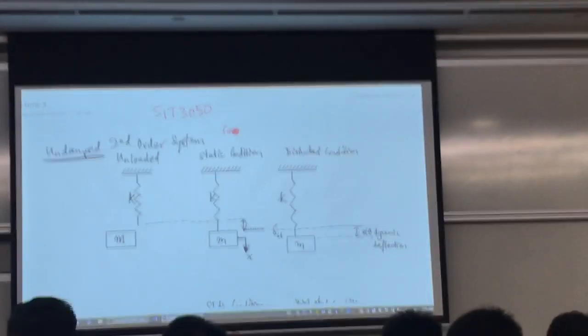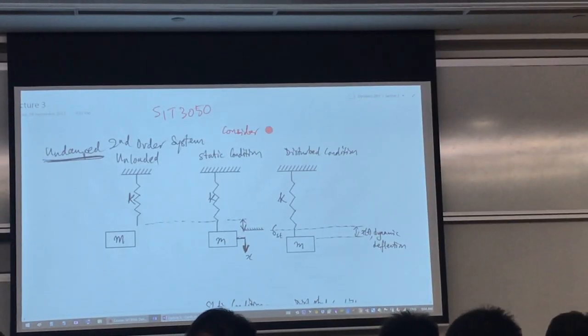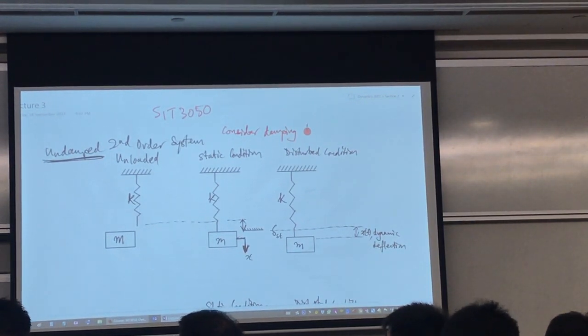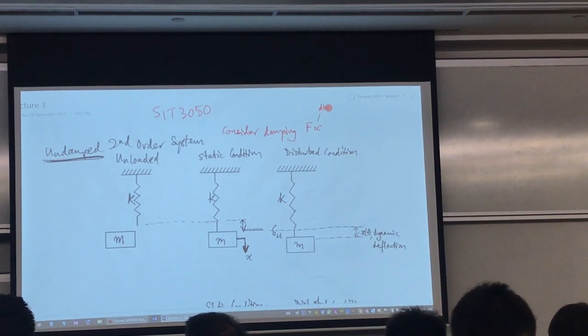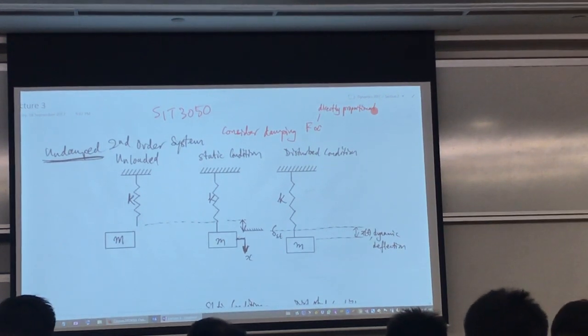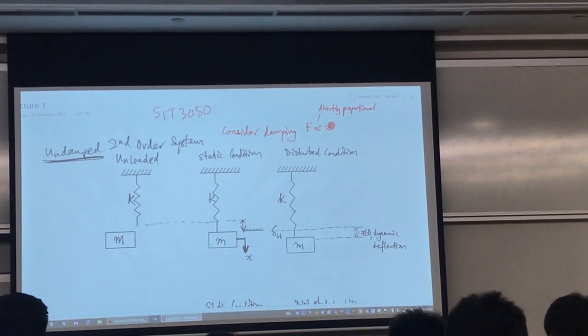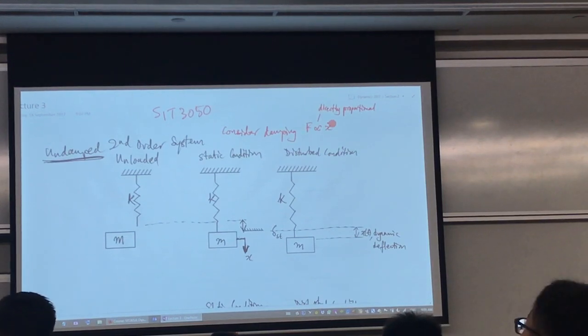So if we were to consider damping, and we have seen it before, the damping force F is directly proportional to the velocity, or x dot.